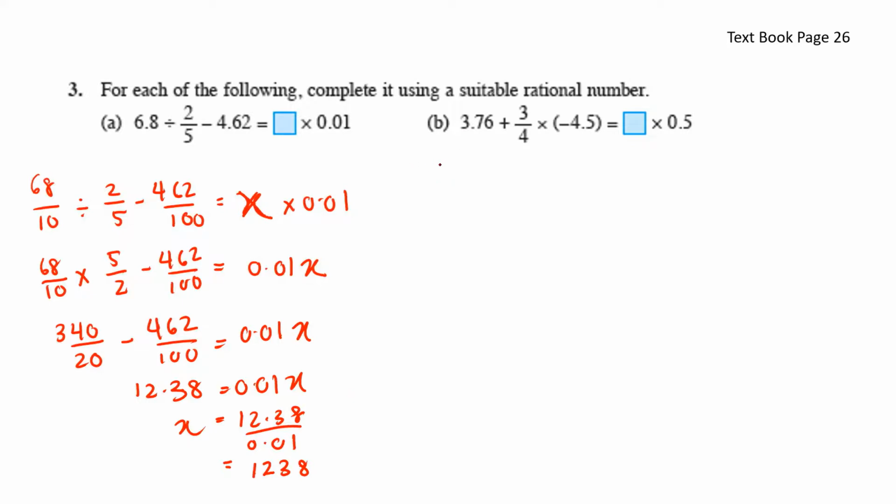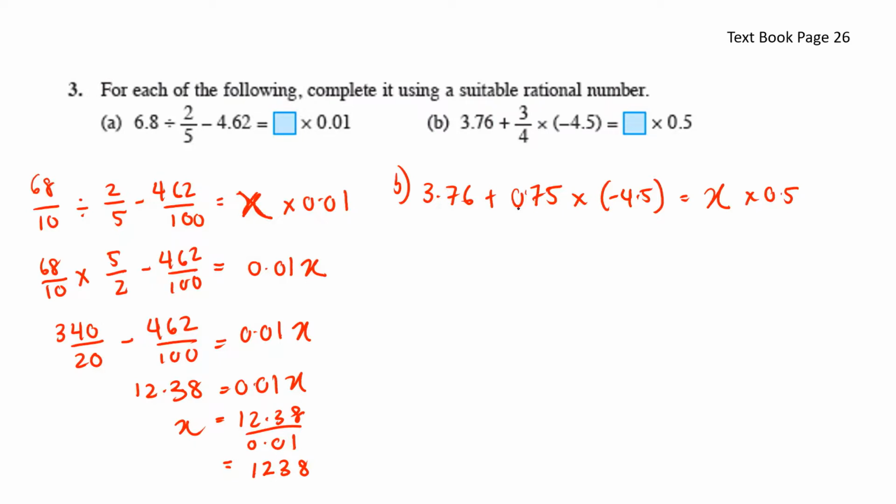Next, we have B. We don't always have to change the numbers to fractions. We can also just solve them in decimal places. So here, let's try that. 3.76 plus 3 over 4 will become 0.75 in decimals times negative 4.5 equals to x times 0.5.